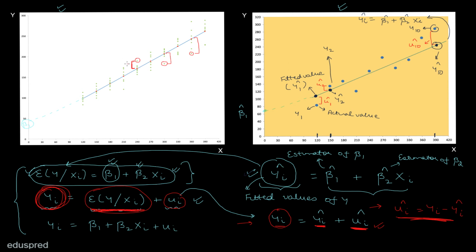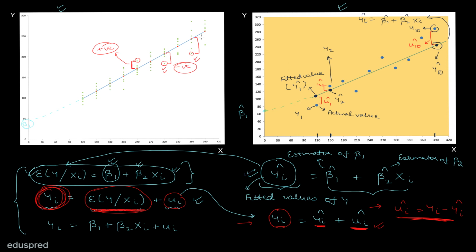For example, for this particular household, the error term is a positive number because it is lying above the population regression line. On the other hand, if we are dealing with a household lying below the population regression line, for example, these two households, then these two households will have a negative error term.